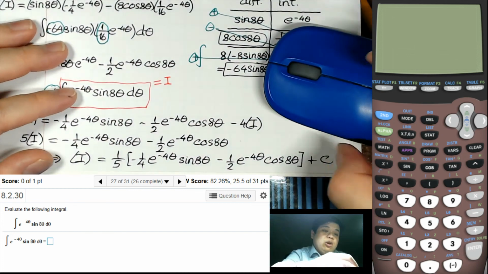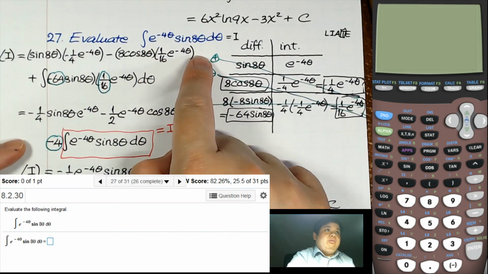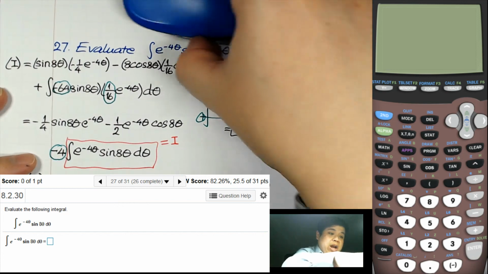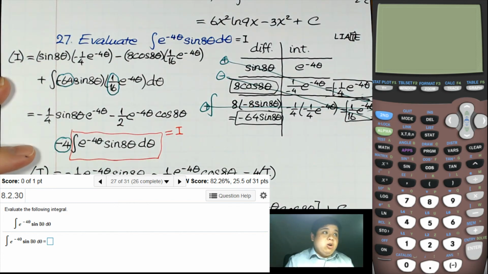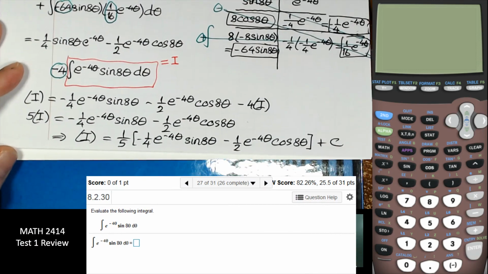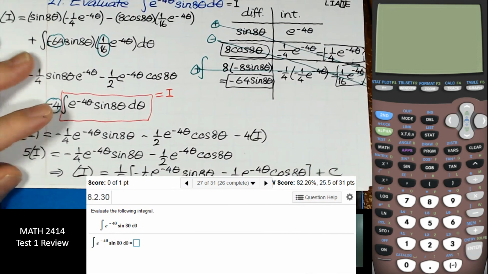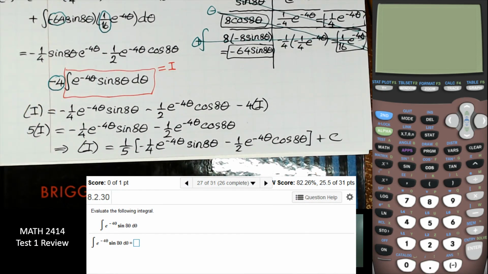So on the test, whenever you see both an exponential and a trig function, you know that we have to use integration by parts. We do that 2 times to get back to the integral I and solve for it indirectly. Right.